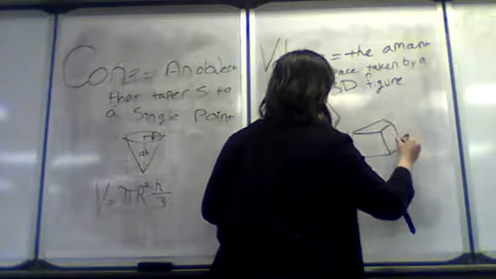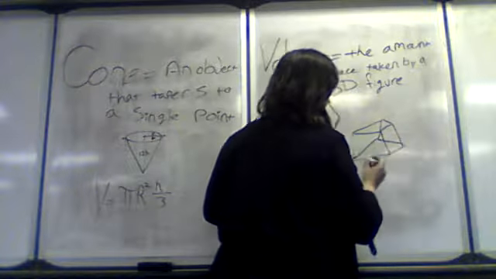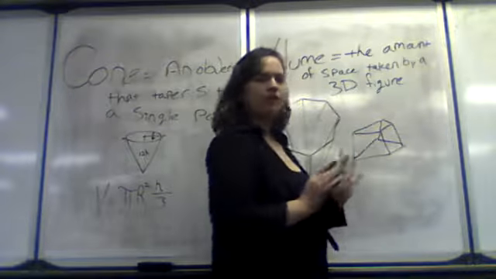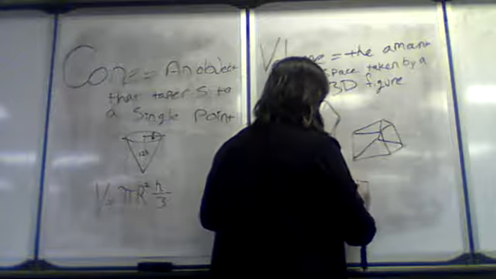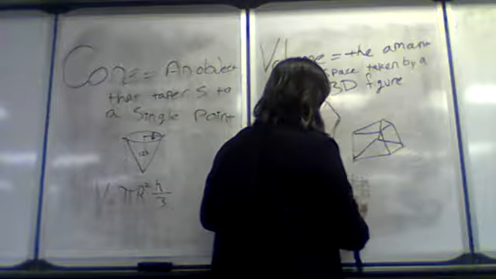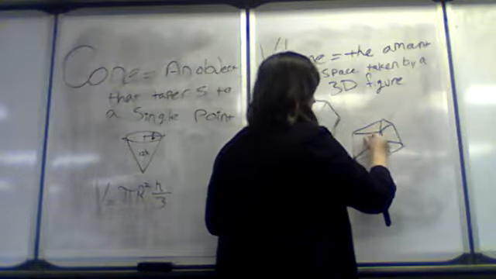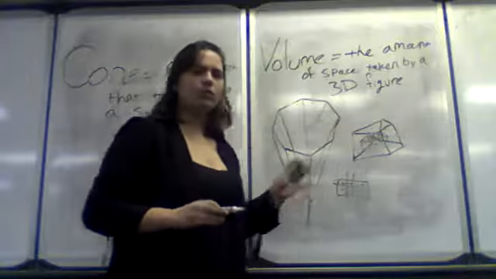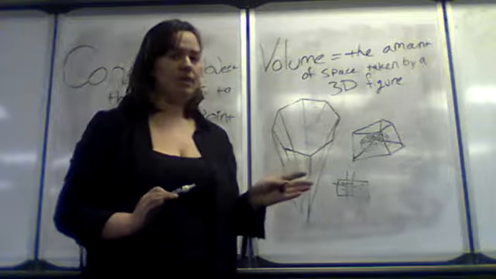For volume versus area, area is everything inside here, and it can be looked at on a grid. That's what we mean by volume versus area of a 3D versus 2D figure.